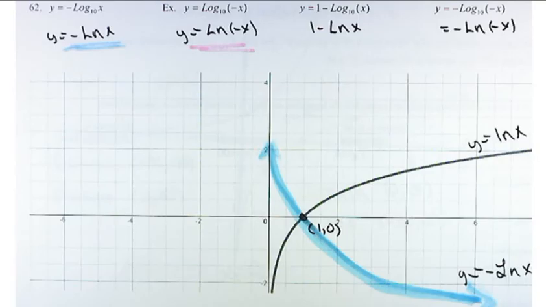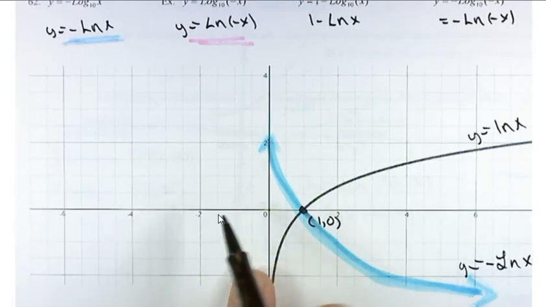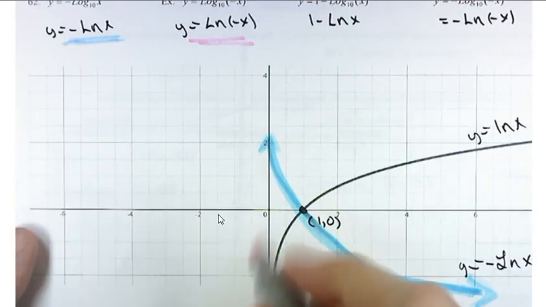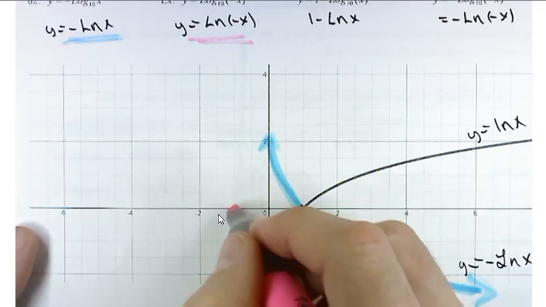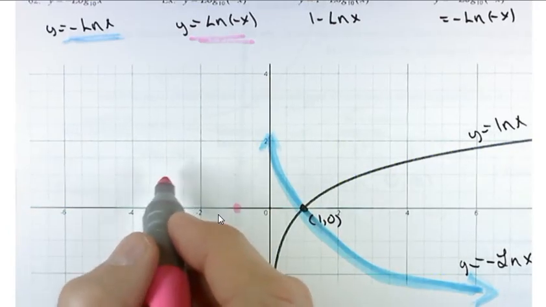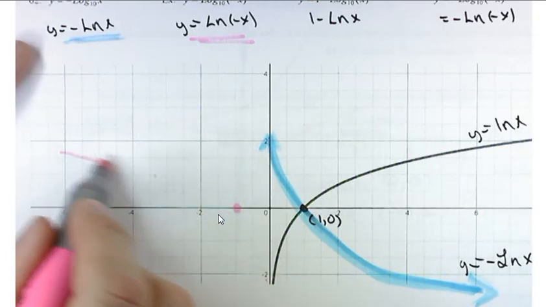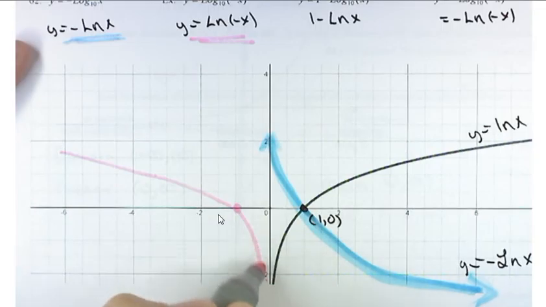Where's this point going to be in my new graph? Yeah, it's going to be flipped around here. So it's going to look like a mirror image around the y-axis. You're going to have a point at -1, 0. So you're going to get this kind of graph.